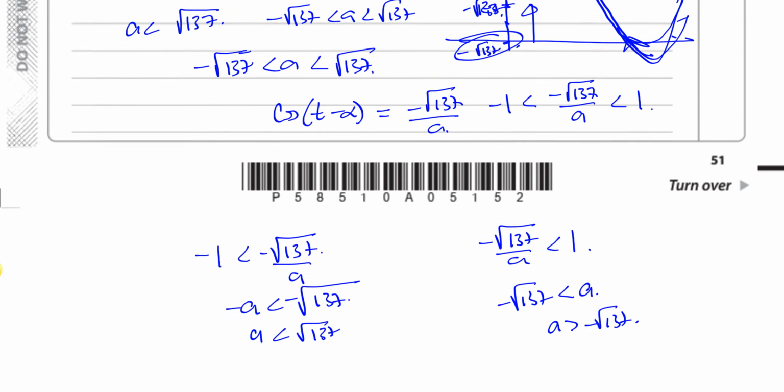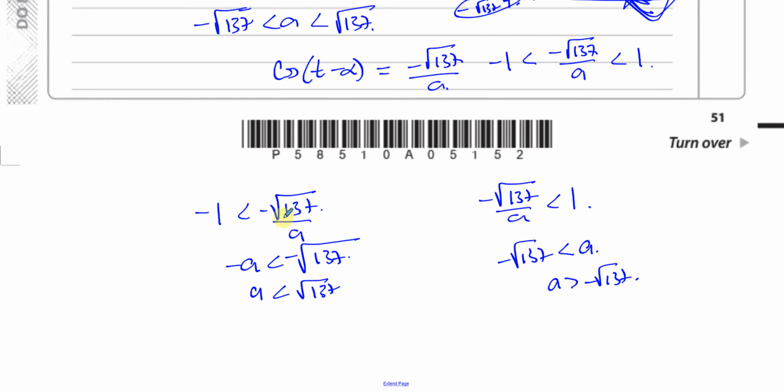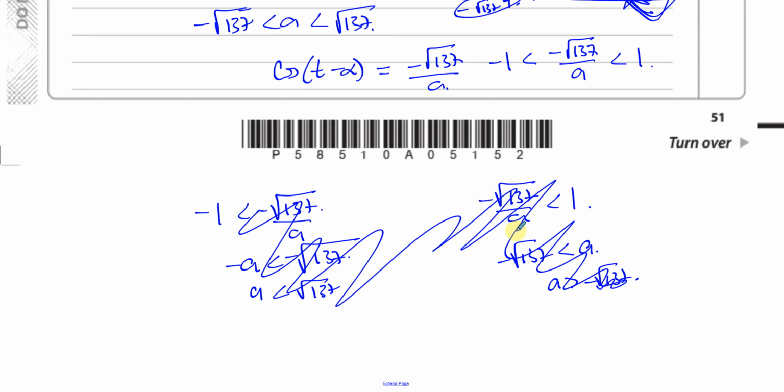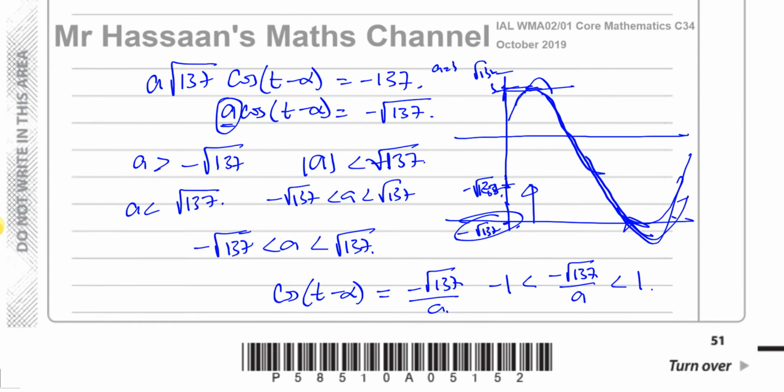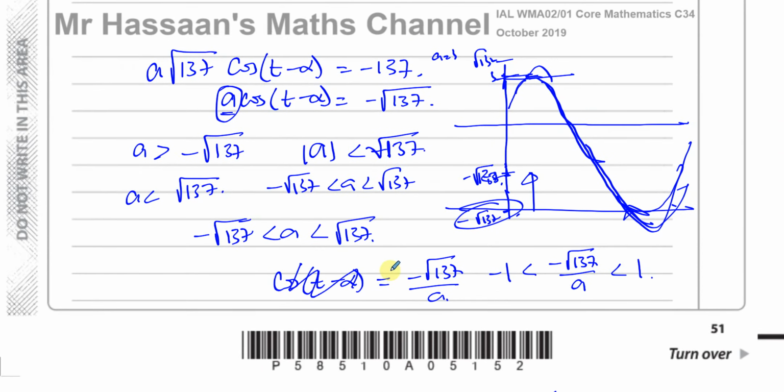This little thing here has a few issues because of the minus signs and multiplying by a being negative, so I would ignore that part, to be honest. It's better to think about it in terms of what I mentioned here. We know that the magnitude of a has to be less than root 137 for there to be no solutions, so that the curve doesn't reach as low as minus root 137. So that's the answer to that question.